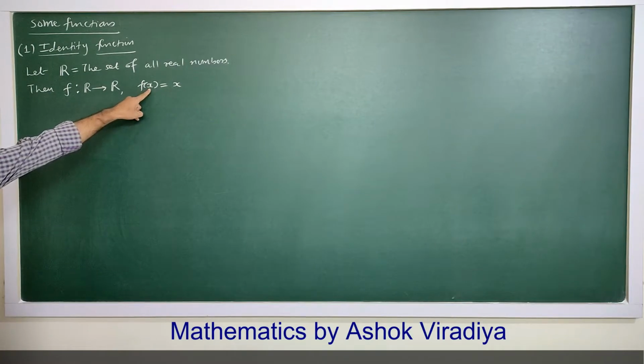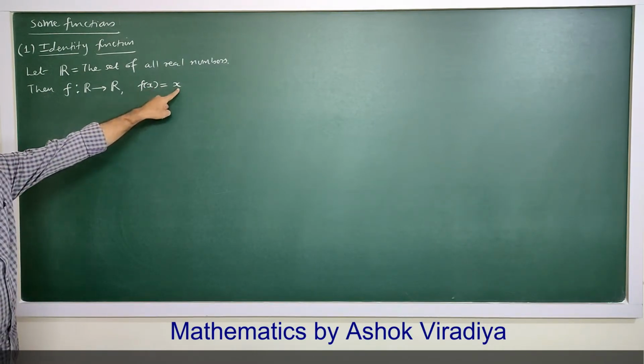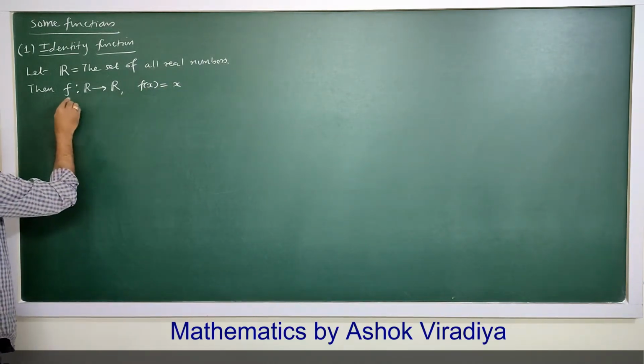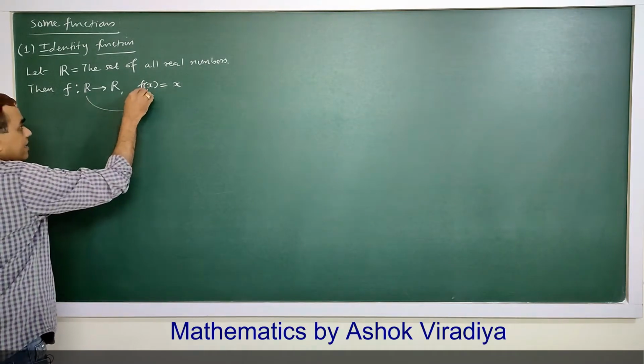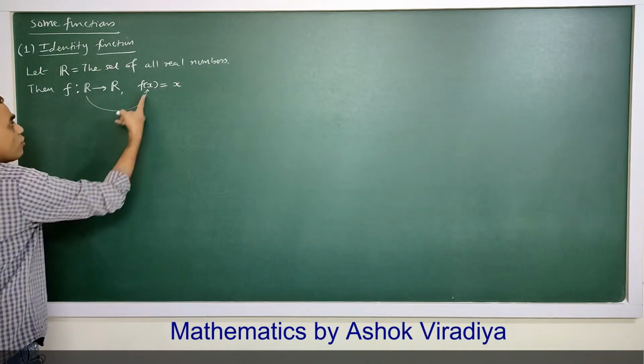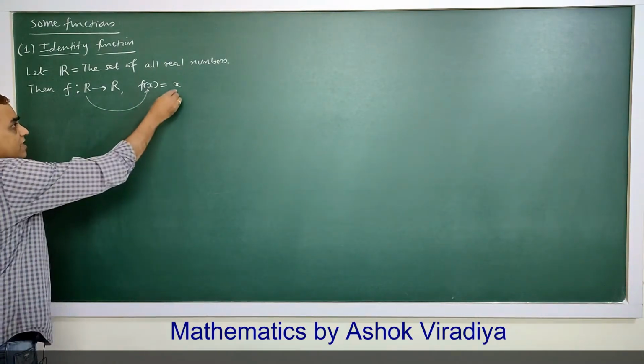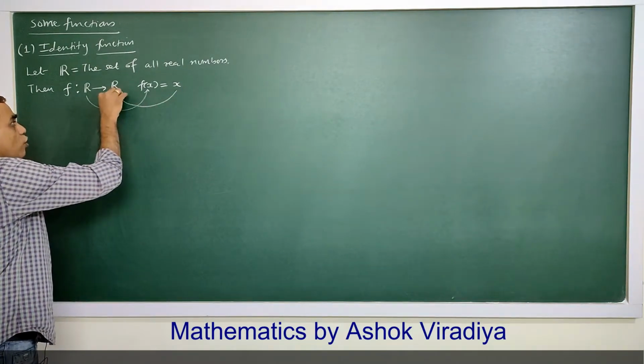Whatever you keep in this function, it keeps the element unchanged. Whatever we keep in this function comes from the domain. This x comes from the domain, and the output is always in the codomain.